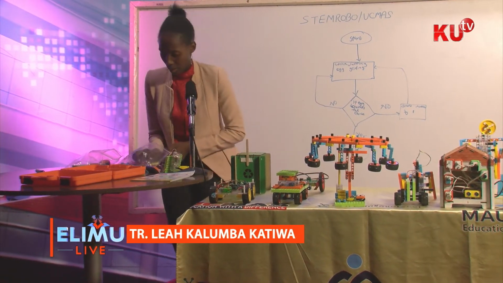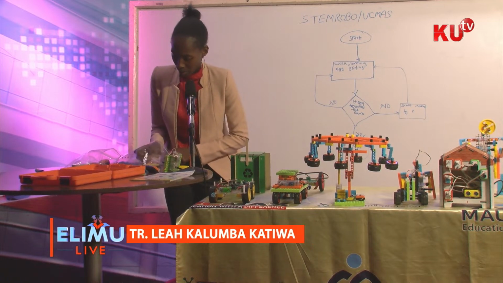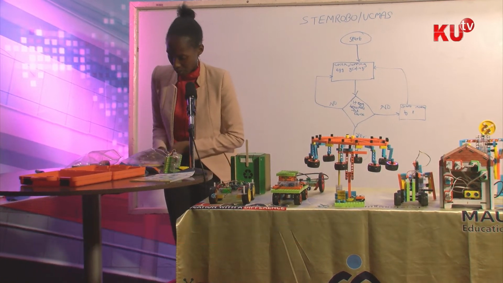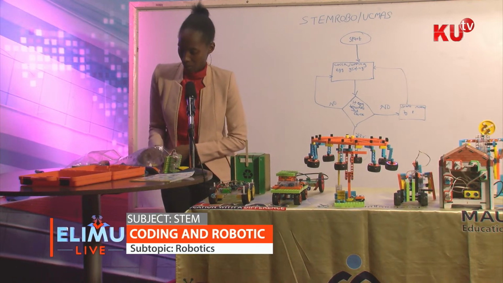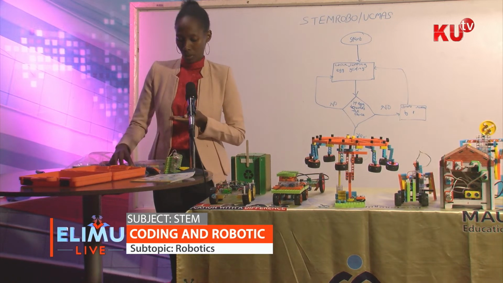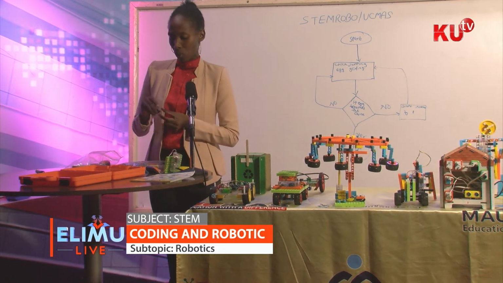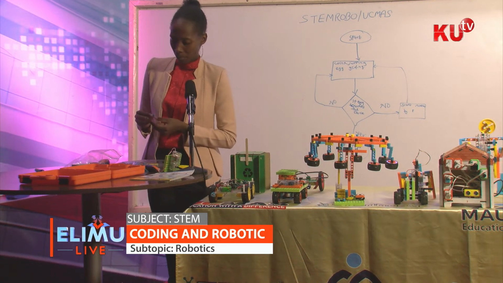So I need these black pieces here, 3 of them. I'm going to be using these apparatus to join this one here. So you connect this black piece here, all of them.